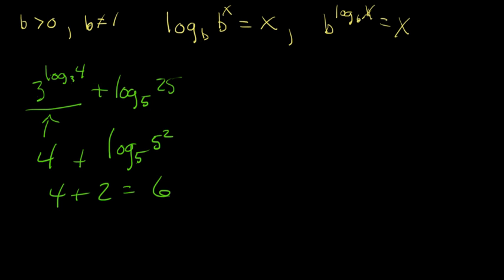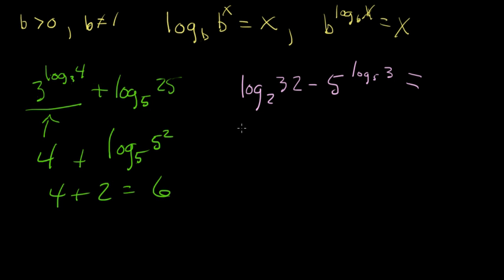So let's go on and find another one of these. Log base 2 of 32 minus 5 raised to the power log base 5 of 3. So what is this going to be equal to?